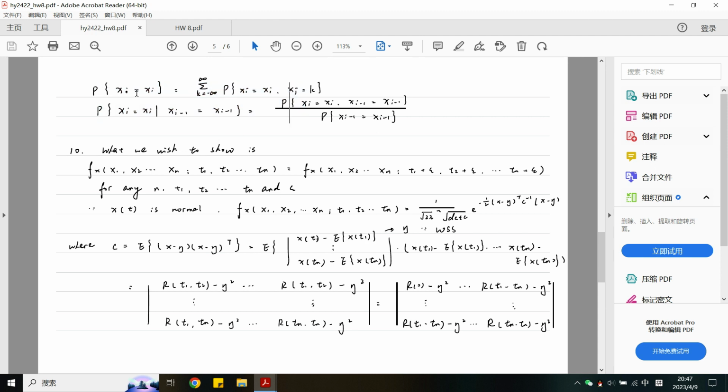Which is this term, the probability that Xi equals xi equals the sum over k from negative infinity to infinity of the probability that Xi equals xi and Xj equals k, for any i, j equals 1, 2, 3 to n.